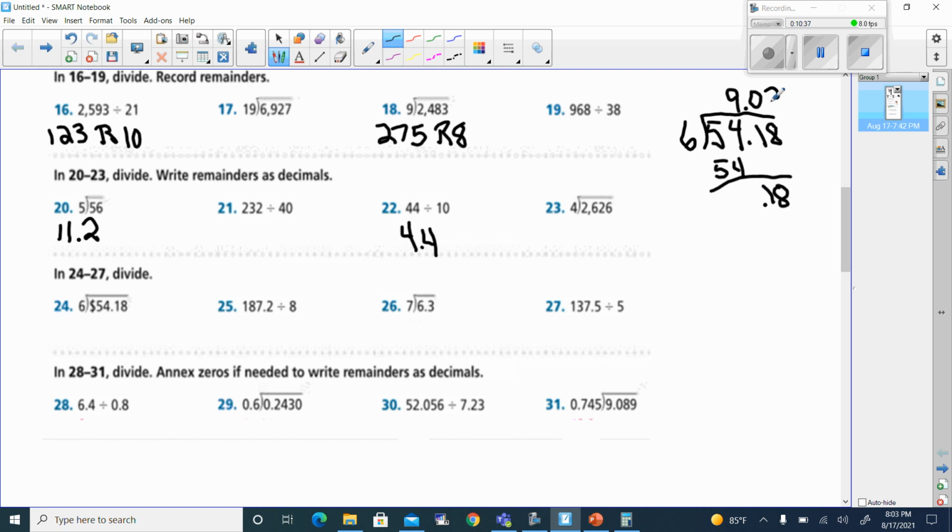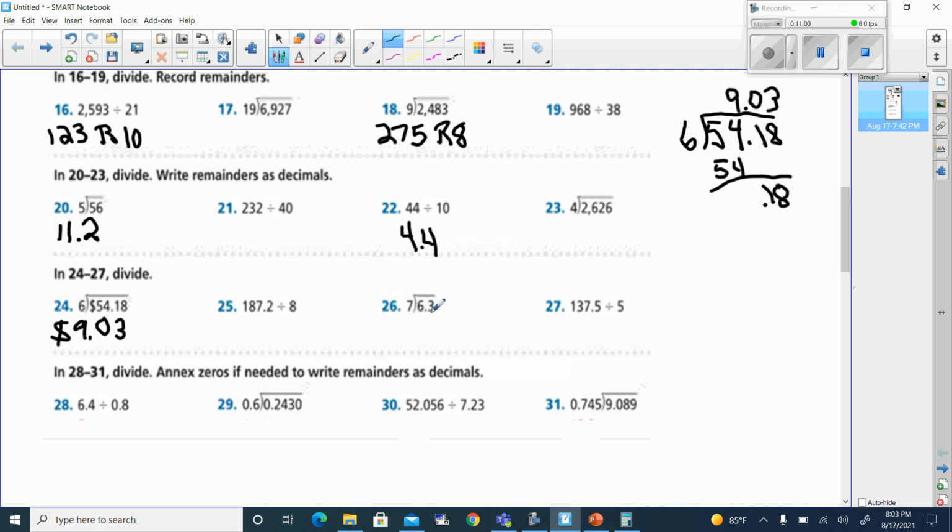That's 3 times. You can see why they did this. They want you to practice remembering to put that 0 in. So this is going to be $9.03. Why did I say $9.03 instead of 9.03? Because this is a dollar sign. Remember, we're taking that money and dividing it by 6.